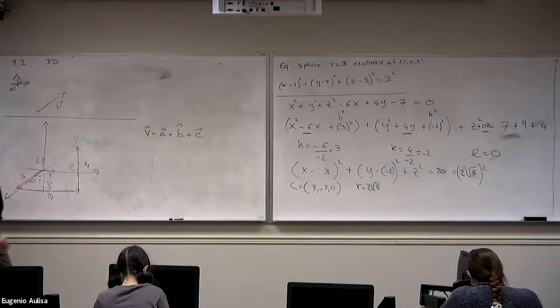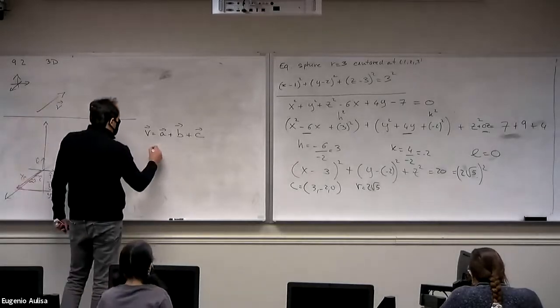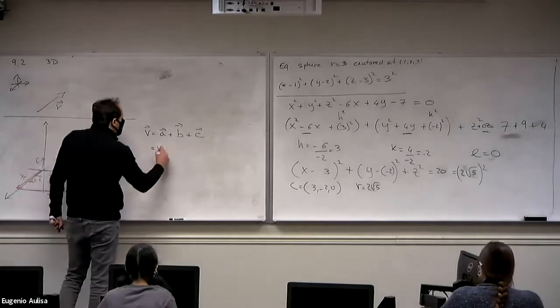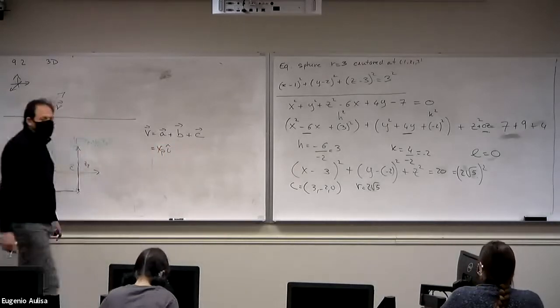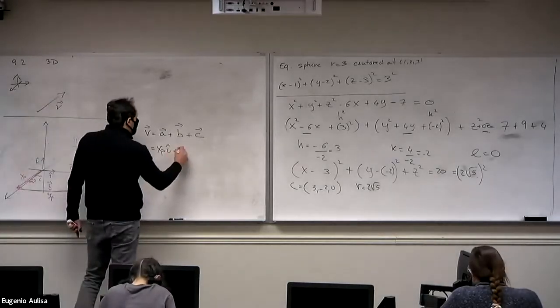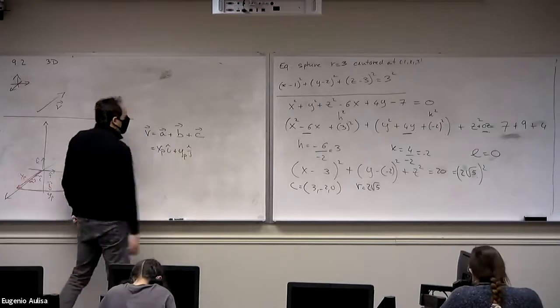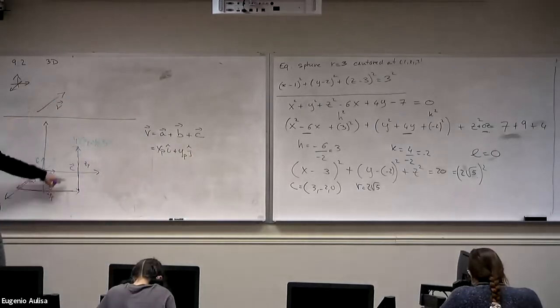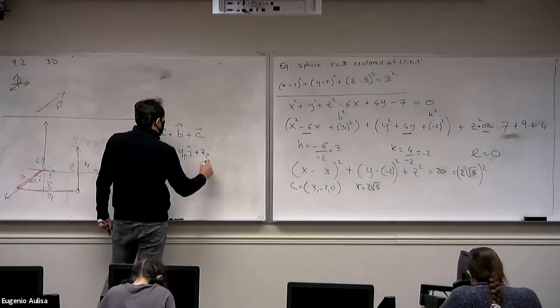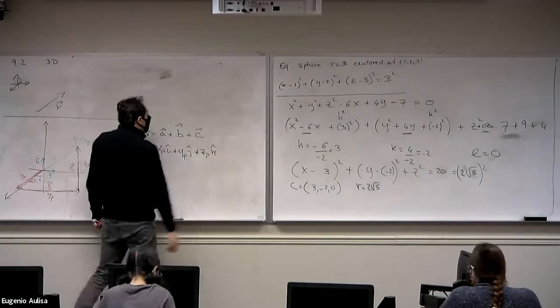Now, what is A? A is a vector parallel to i with length xp. So it's going to be xp i. B is a vector parallel to j with length yp. C is going to be a vector with length zp parallel to k.